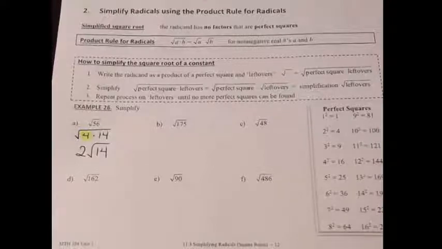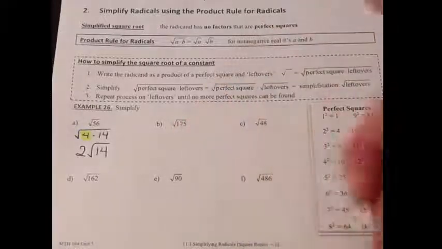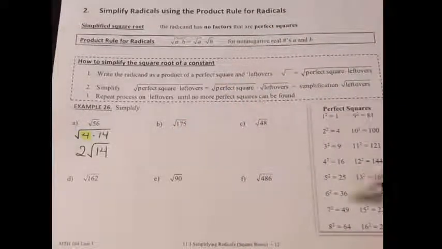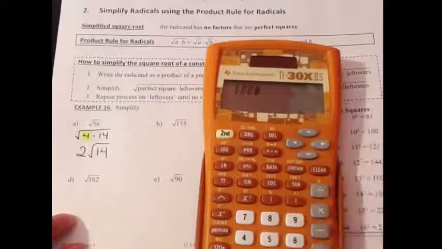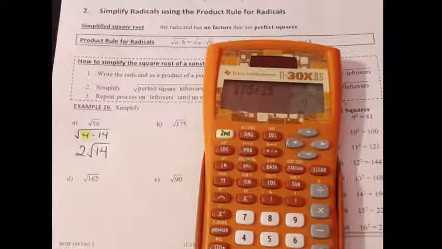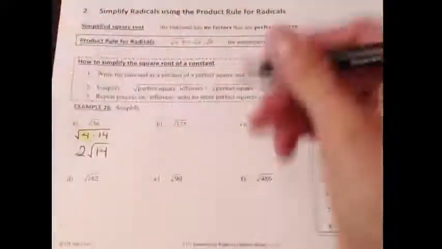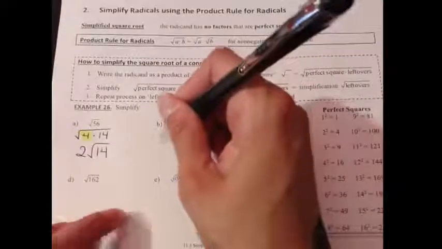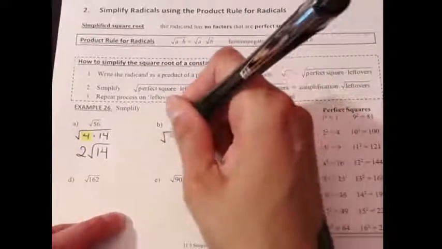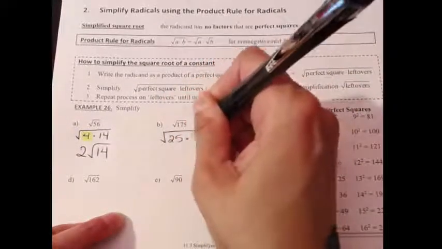Let's do it again. Let's look at 175. Some of you are probably thinking, well, that's divisible by 5. That's true, but that's not a perfect square. Let's try 25, since that's a perfect square. So we take 175, we divide it by 25. Oh, and it breaks down into 25 times 7. Let's rewrite it. So we have the square root of 175 becomes the same as the square root of 25 times 7.